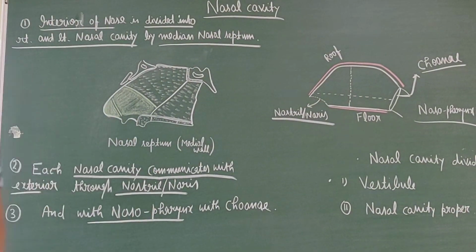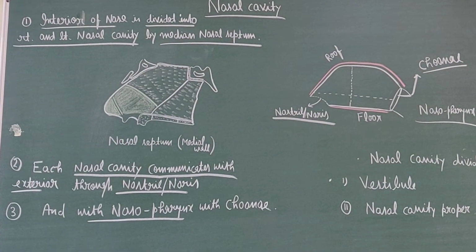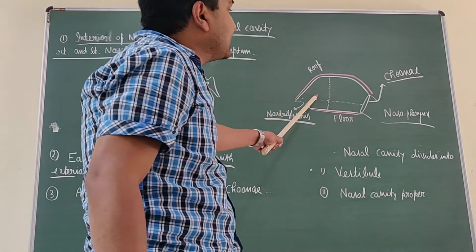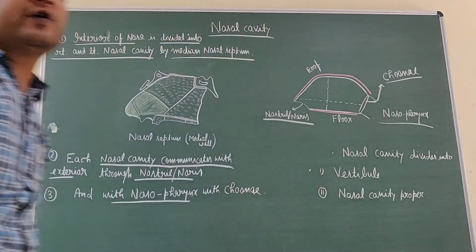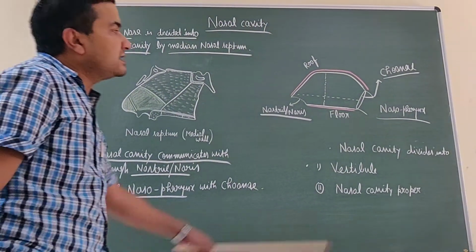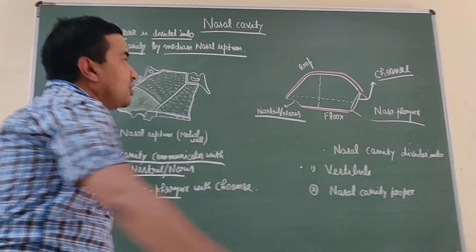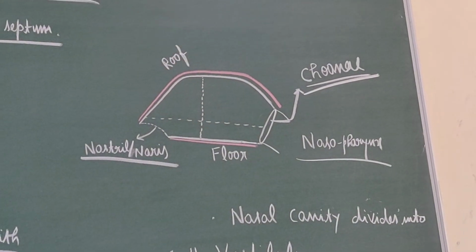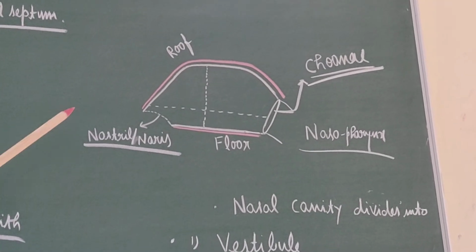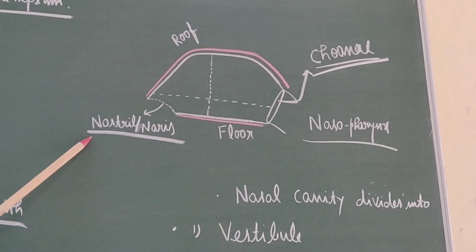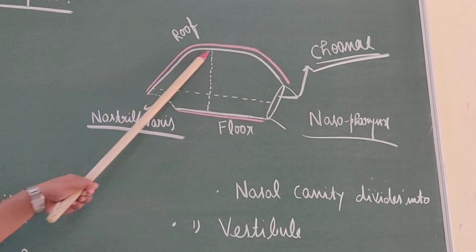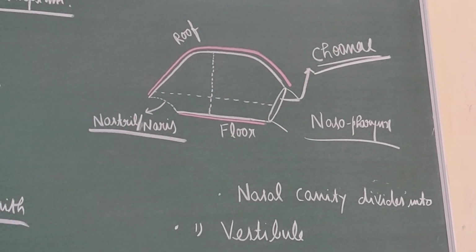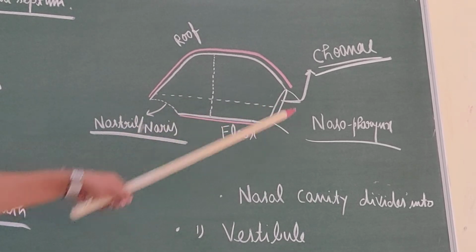Nasopharynx, the part of the pharynx situated behind the nasal cavity, and each nasal cavity communicates with the nasopharynx through the posterior nasal aperture, that is also known as the choana. It means each nasal cavity extends from the nostrils to the choana.